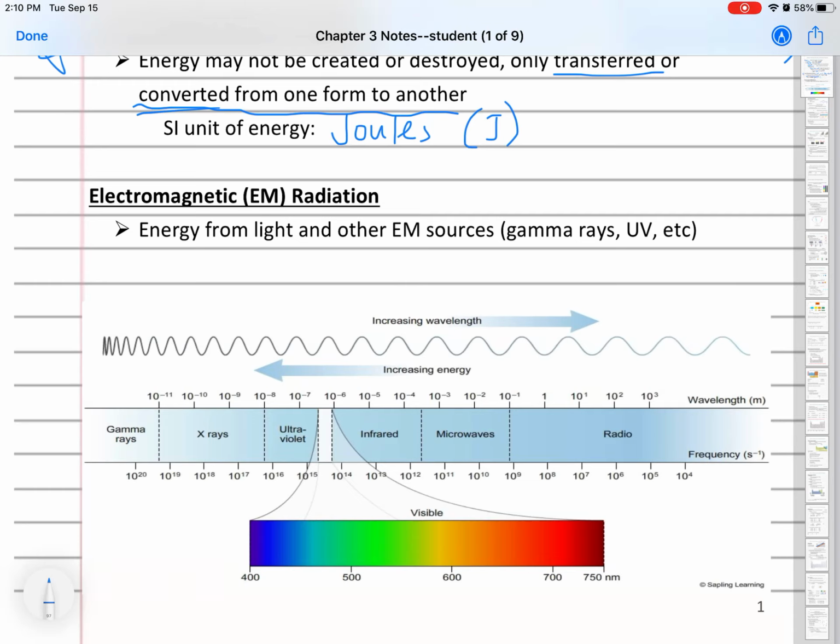So this is energy from light or other types of rays, and this is called the electromagnetic spectrum. And this is things like visible light and all the way down to radio waves and microwaves, and all the way up to things like X-rays and gamma rays.